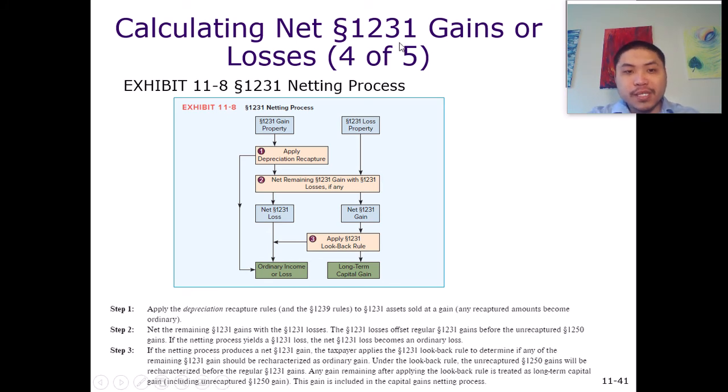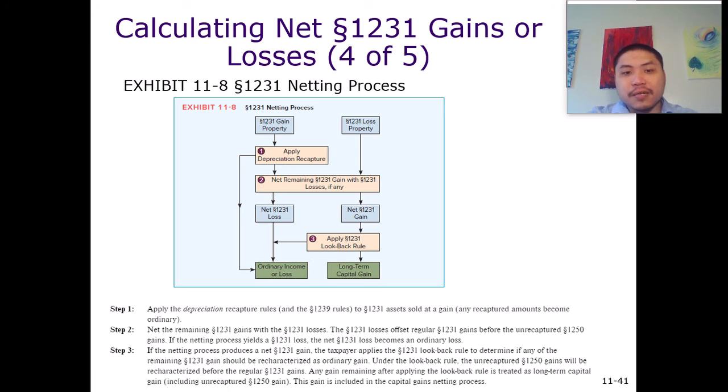If you look at this chart, it summarizes the netting process. So start off at the gain properties, right? In this case, this taxpayer is disposing of multiple section 1231 assets, right? Some assets are going to have a gain, some assets are going to have a loss. For the loss we don't have to do anything, but for the gain transactions you have to apply the depreciation recaptures, which we talked about in the last video, right?